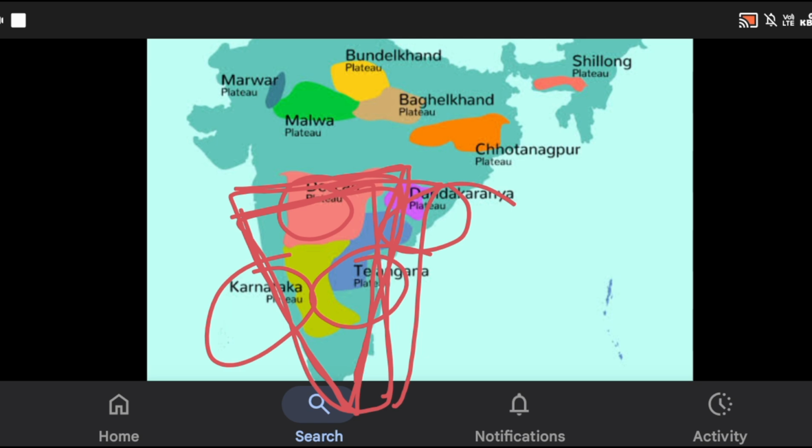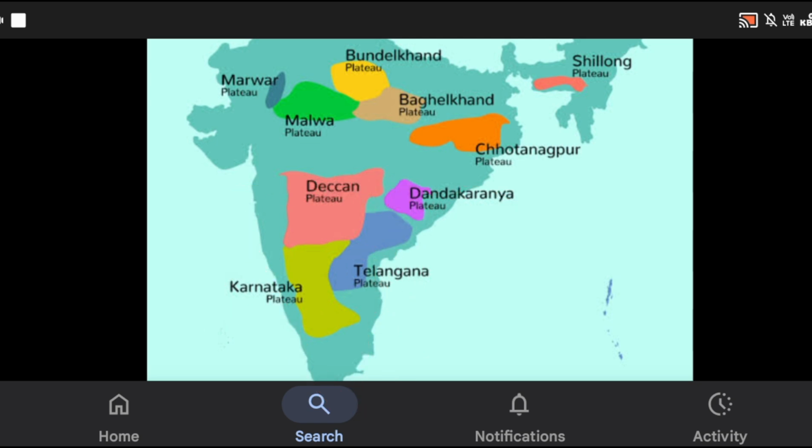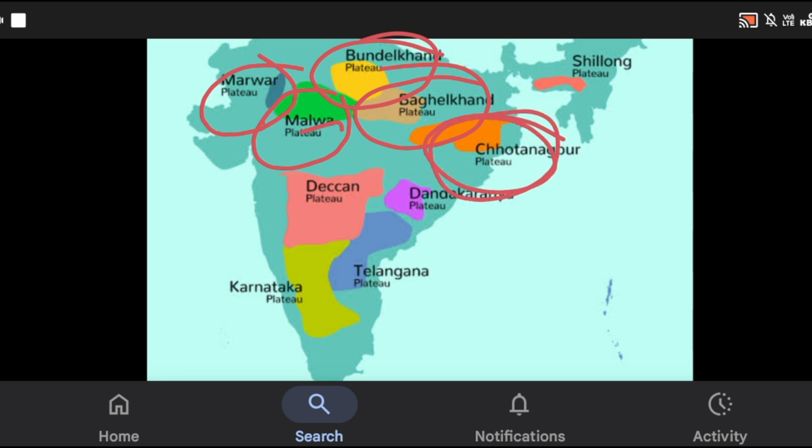Then there are the Marwar Plateau in Rajasthan, the Malwa Plateau in some part of Madhya Pradesh and some part of Gujarat, the Bundelkhand Plateau and Baghelkhand Plateau, the Chota Nagpur Plateau in the region of Odisha, and one more, the Shillong Plateau. These are the prominent plateaus you can observe here.